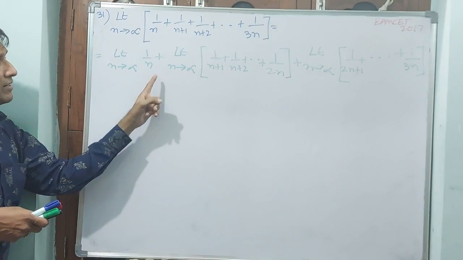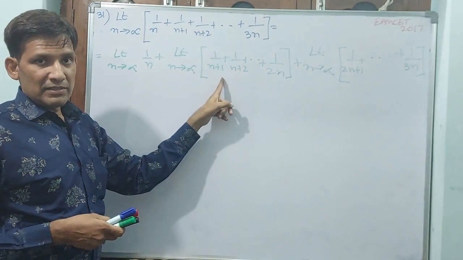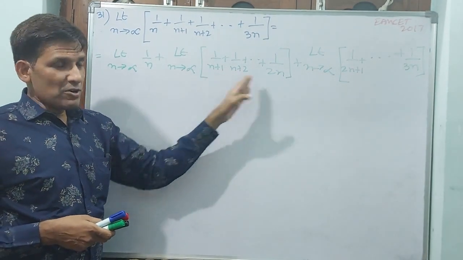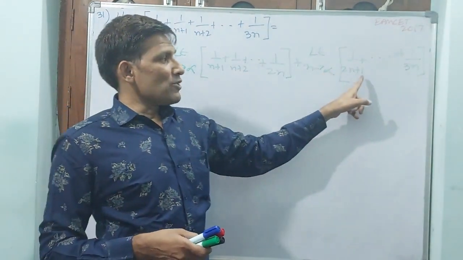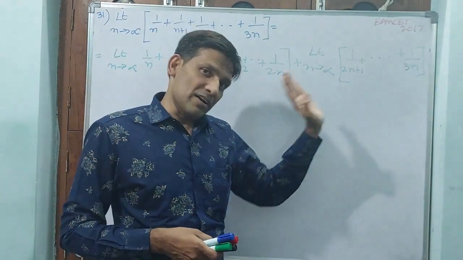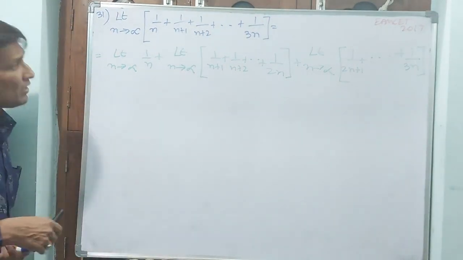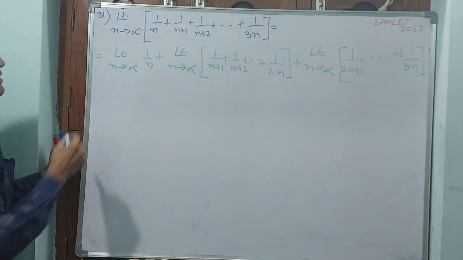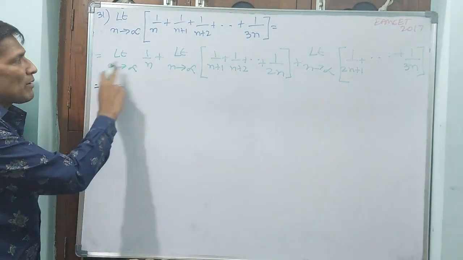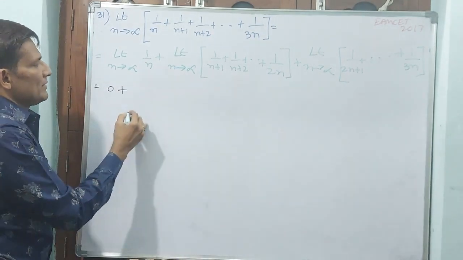After 1 by 10, 1 by 11, 10 plus 1, up to 1 by 20, 2 into 10. 1 by 11 to 1 by 20, 1 by 21 to 1 by 30. That means 1 by 10 to 1 by 30 are there. So whatever we have split is correct. Now come back. Now you tell me, 1 by 0 is infinity, 1 by infinity is 0. That means straight away the first term is 0, plus.